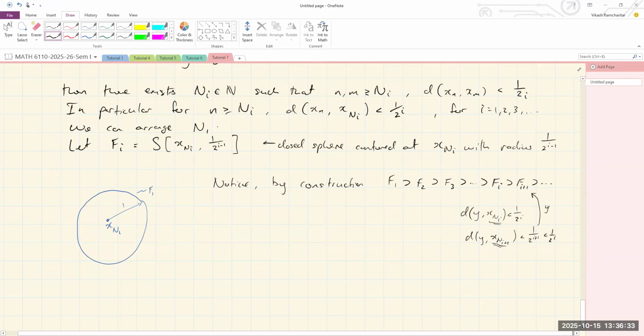So n1 should be smaller than n2, and n2 should be smaller than n3, and so on. Right? That's the best explanation for that.